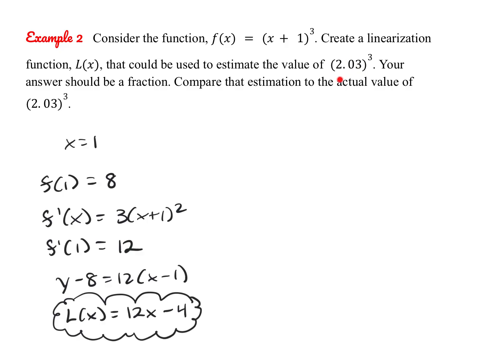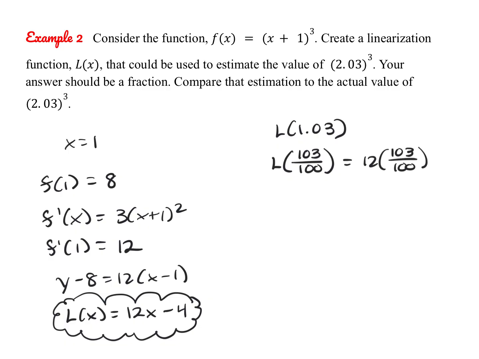Again, we're trying to estimate the value of 2.03 cubed. If I have x plus 1 and I want it to be 2.03, that means I'm plugging in 1.03 to my linearization function. But we'll keep it in fractional form, so we have a nice exact value to work with. And since we're plugging that into a rational function, it's actually pretty nice to work through.